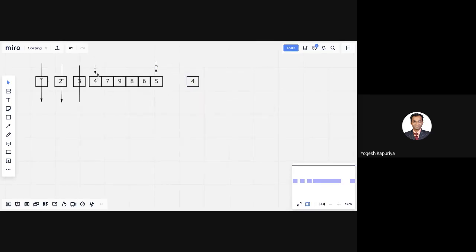So what is the task of I? Skip all the numbers which are less than or equal to pivot. Pivot is 4, so 4 will be skipped. 7 is not less than 4, so I stops here.